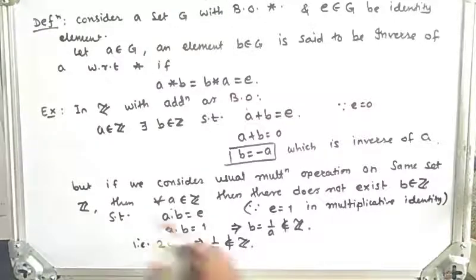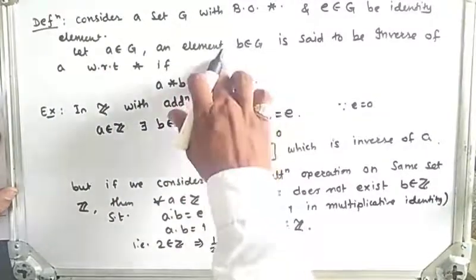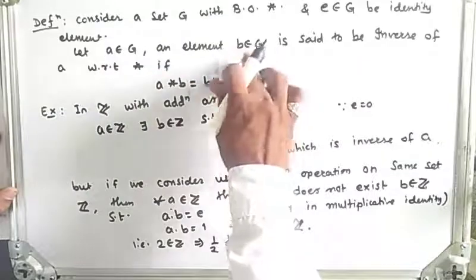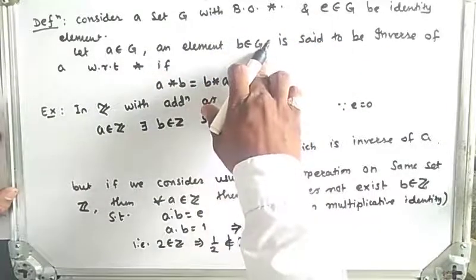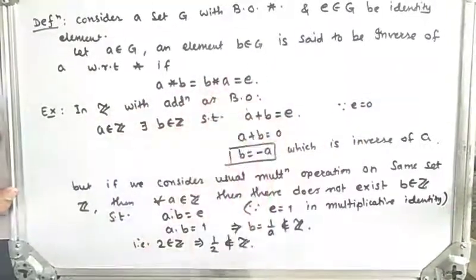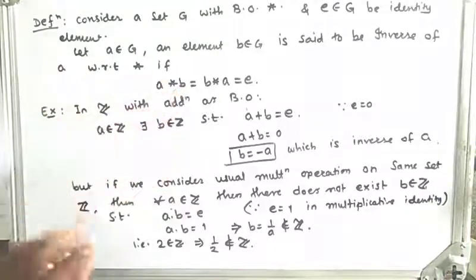Means what? By the definition of existence of inverse, for all a belongs to G, there exists an inverse element of a, which is b, that also belongs to the set G. Then we write a star b is equal to b star a is equal to the identity. If this condition is satisfied, then we say that b is an inverse element of a.